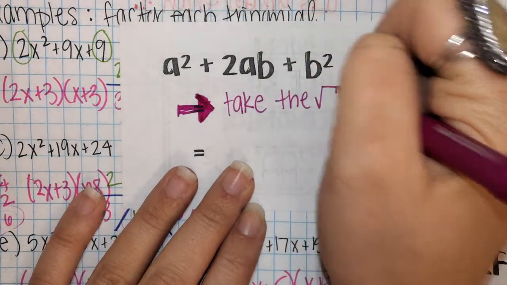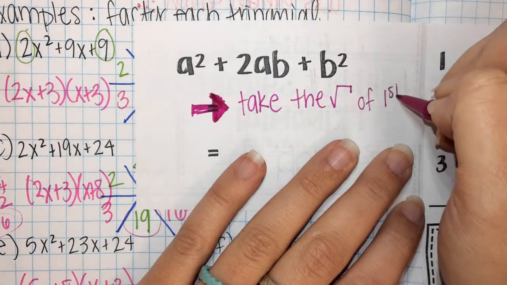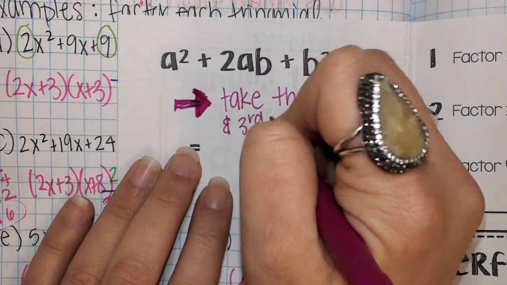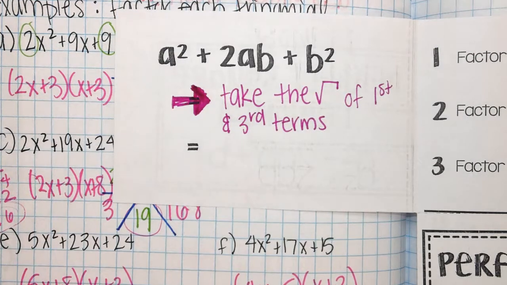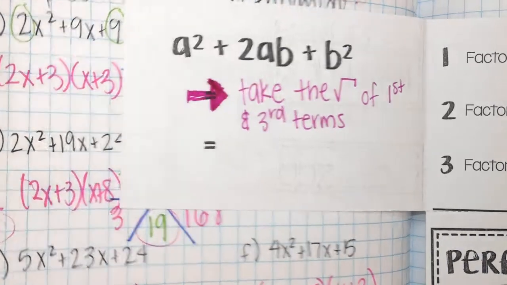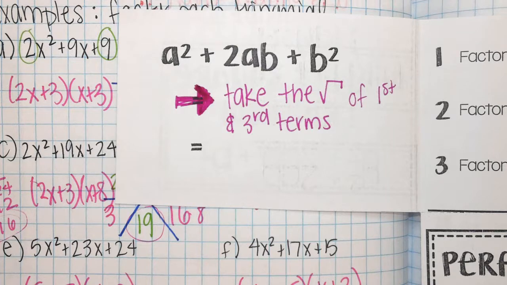Take the square root of first and third terms. Now, if you don't remember what a perfect square is, we made a note card about those, right? We did. And we even laminated some of them, and we had it from 1 to 25, and we had all of our perfect squares.